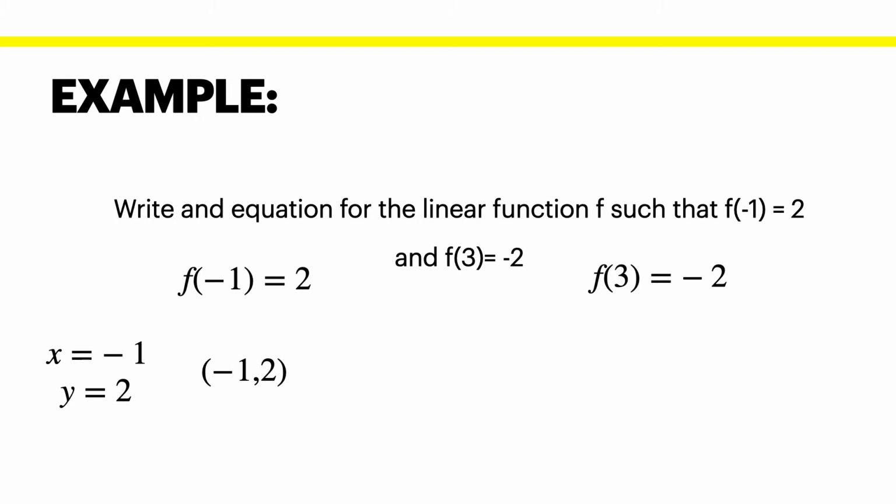In turn, the first point will be (negative 1, 2). Let me show you where this came from. The negative 1 came from the value inside the f of x, and the 2 is that other one outside. Doing the same thing, we can get the second point, which is (3, negative 2), and that is this and that. That's how you get these points.